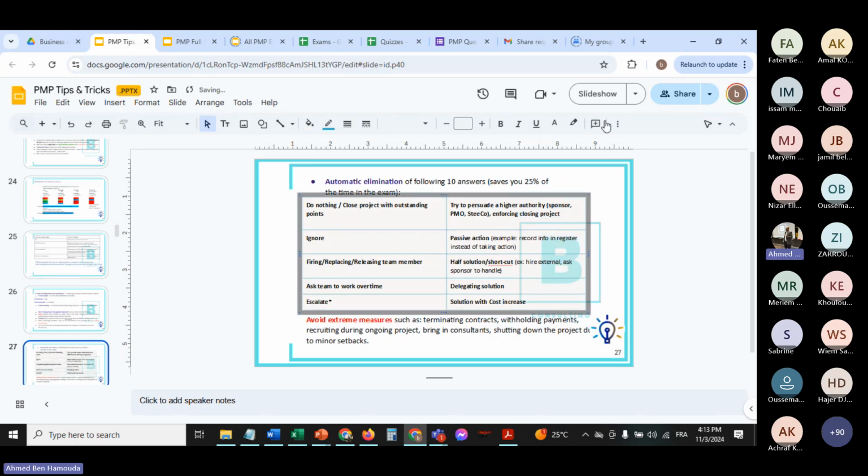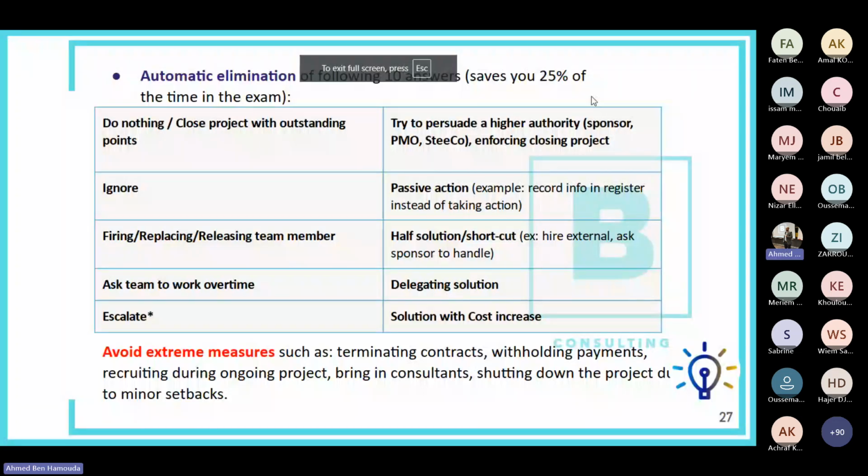Yeah, good. So we call these the automatic elimination. If there are answers with these expressions, just eliminate them immediately. They can save you time, and they can help you answer the question correctly.